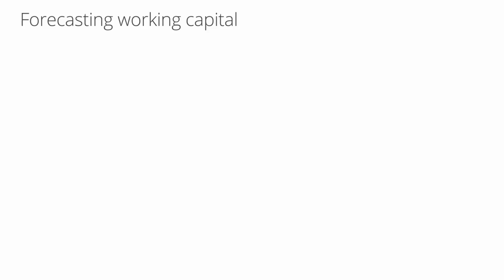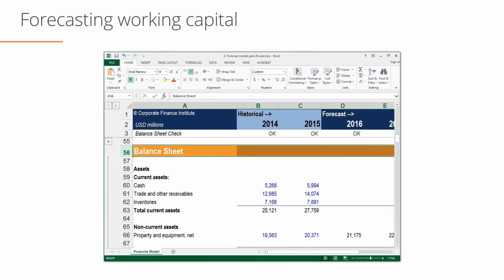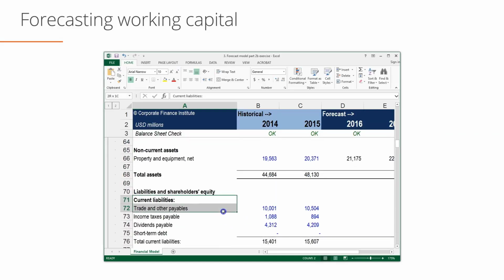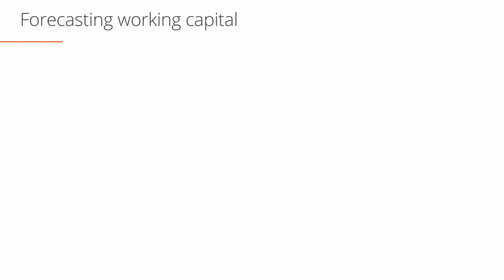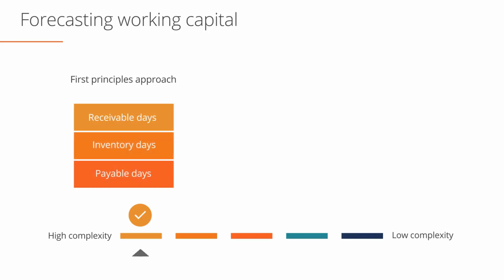Now that we've worked through our property, plant, and equipment, let's turn to forecasting working capital. A first principles approach to forecasting working capital typically involves forecasting individual current assets and current liabilities, using various working capital ratios such as receivable days, inventory days, and payable days.